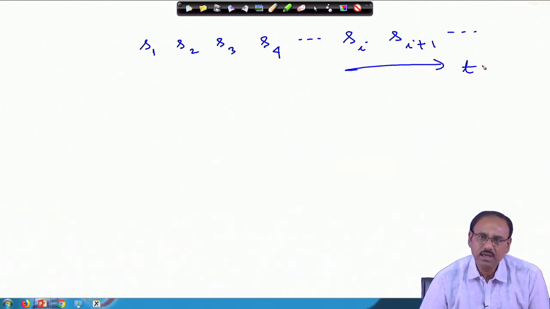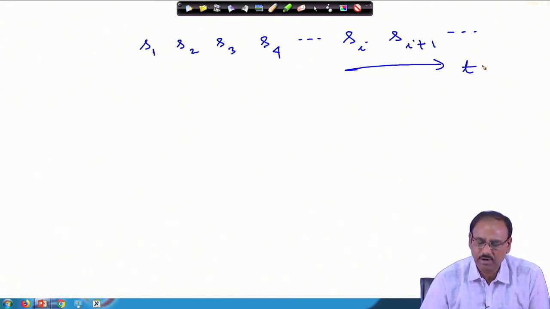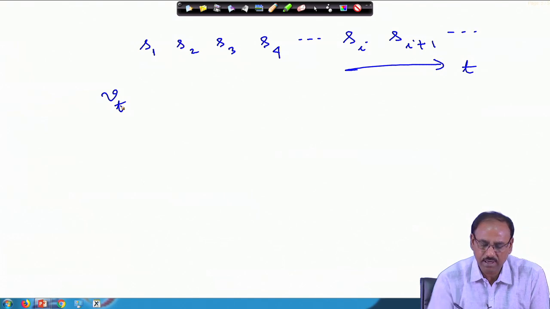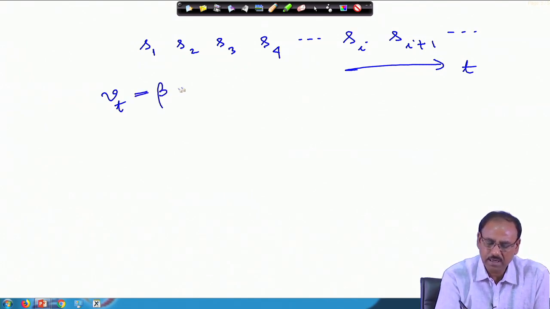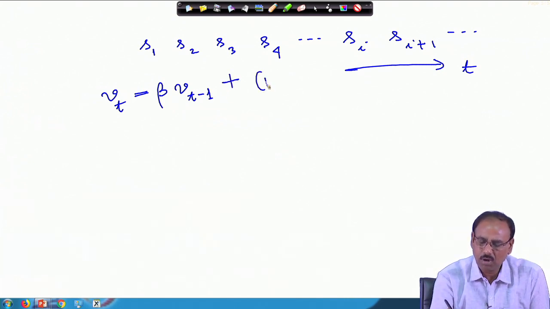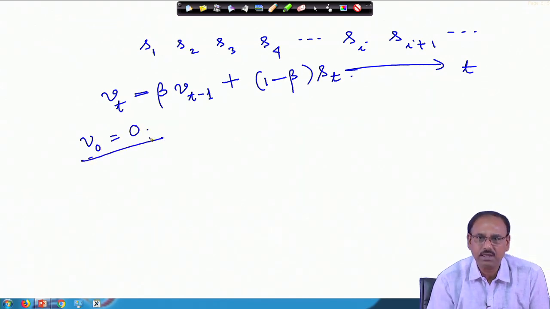So the exponentially decaying average is defined like this. I want to define V_t at time instant t, which is the exponentially decaying average. This will be the same as beta times V_(t-1), where V_(t-1) was the exponentially decaying average at time t minus 1, plus (1 minus beta) times S_t. And this is initialized to V_0 equal to 0. So you start with this initialization.